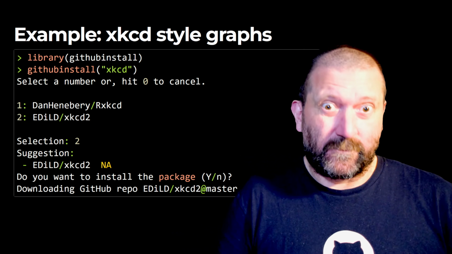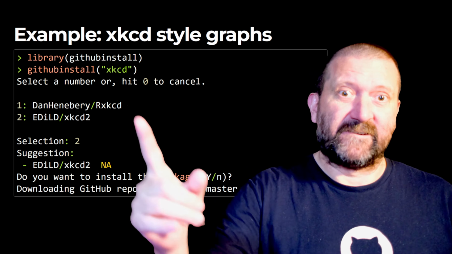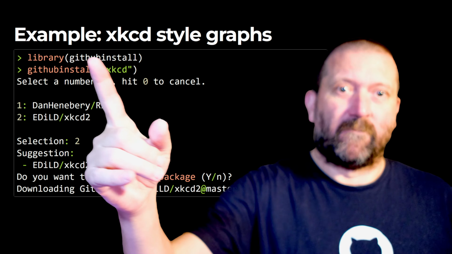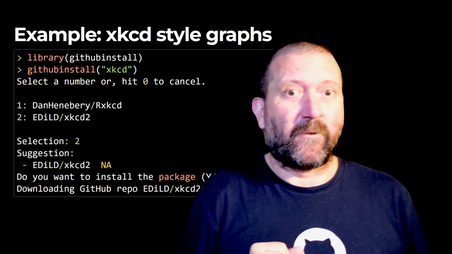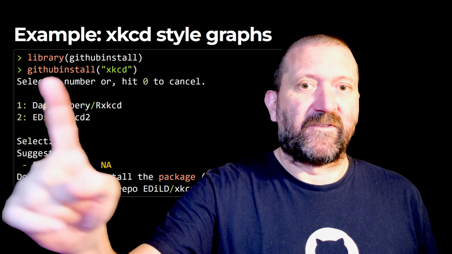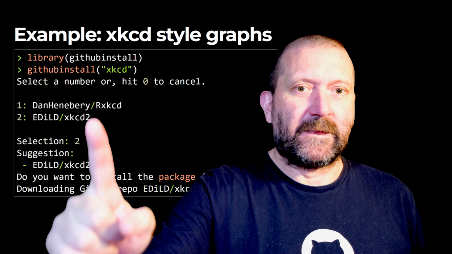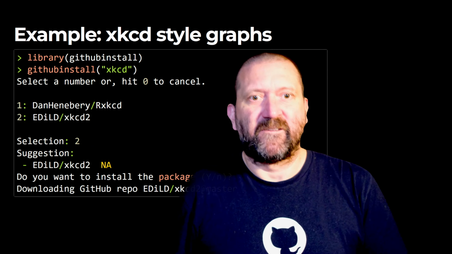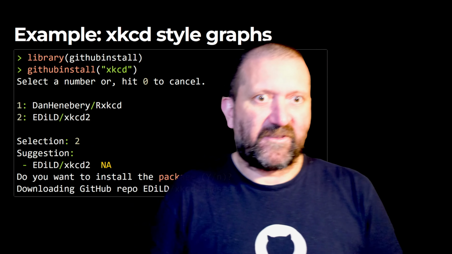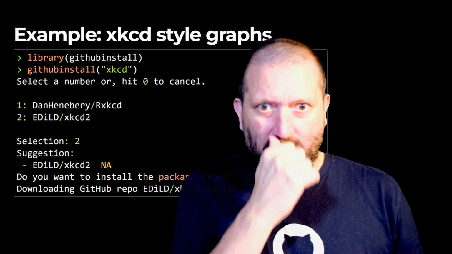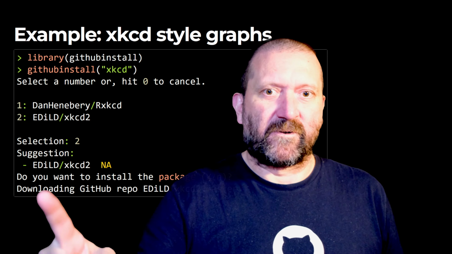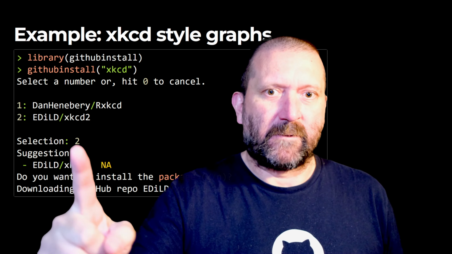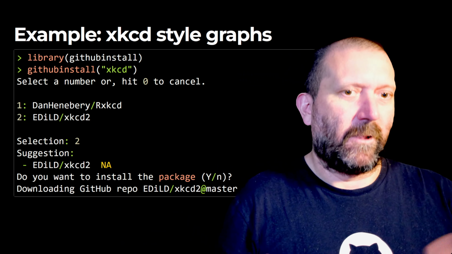If I wanted to install such a package, I could first load the library GitHub install and then say GitHub install XKCD, and it's going to propose to me two packages about XKCD that live on GitHub. So for example, I would say, okay, let me take package 2, and it would install, etc.